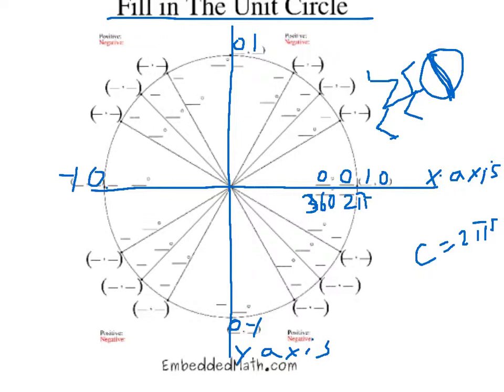And if I only went halfway around the circle, that would be 180 degrees, and that would only be 1 pi. And if I went up here to the top, that would be 90 degrees, and that would be called pi over 2, or half pi. And down at the bottom here is 270 degrees, and that's 3 pi over 2. Okay, so that all kind of makes sense.